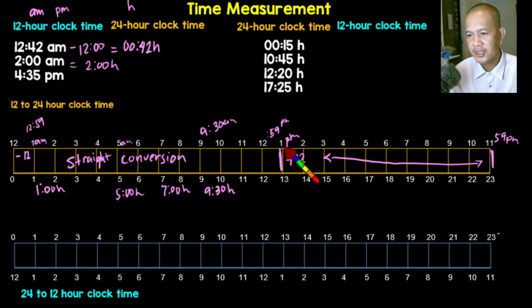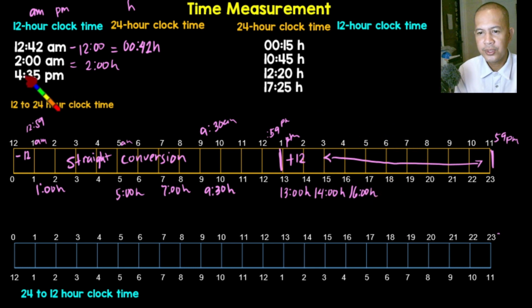For example, 1 p.m. plus 12, you get 1300 hours. 2 plus 12 is 1400 hours. 4 p.m. is 4 plus 12, you get 16, so 1600 hours.